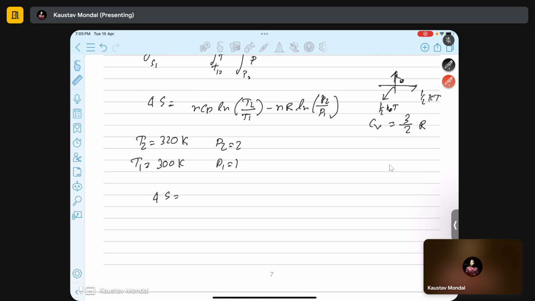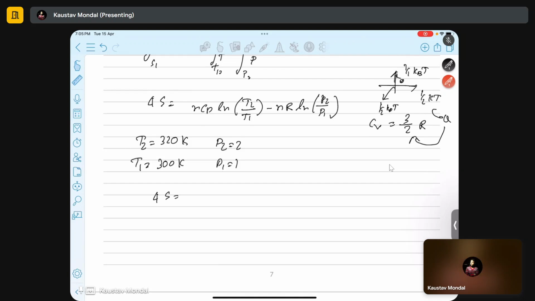So from the degrees of freedom, you can calculate the internal energy, which gives you 3 by 2 kBT, and from there you can calculate the specific heat Cv for 1 mole of gas, which basically gives you 3 by 2R.